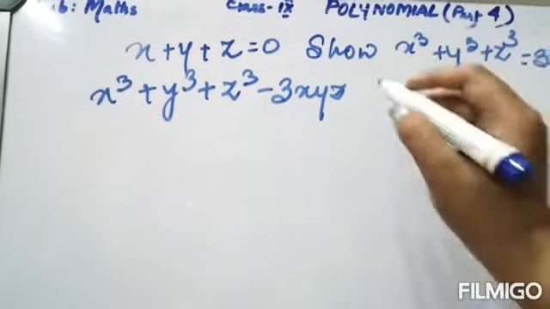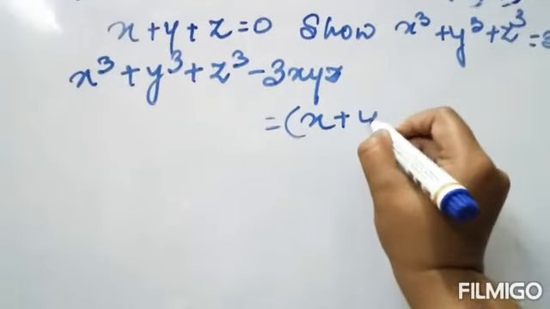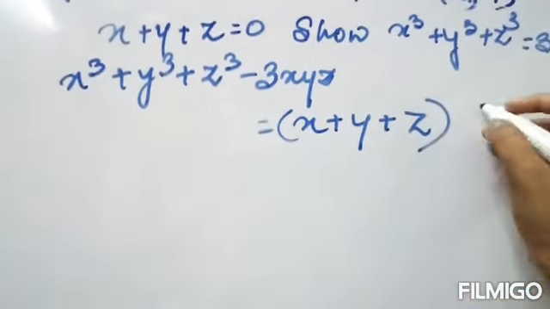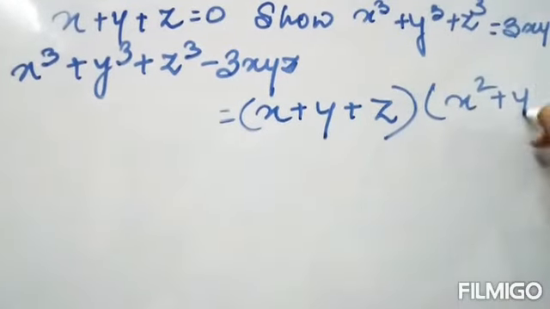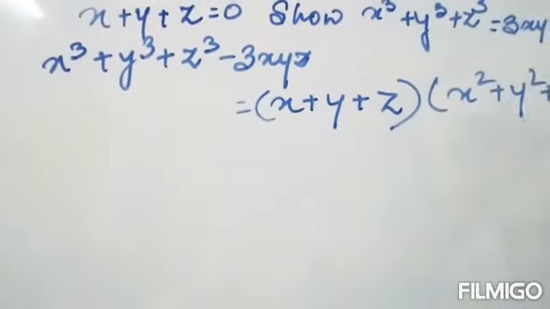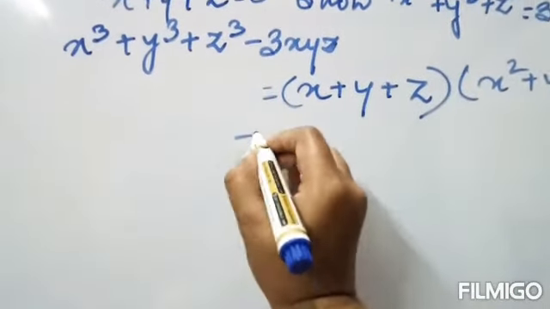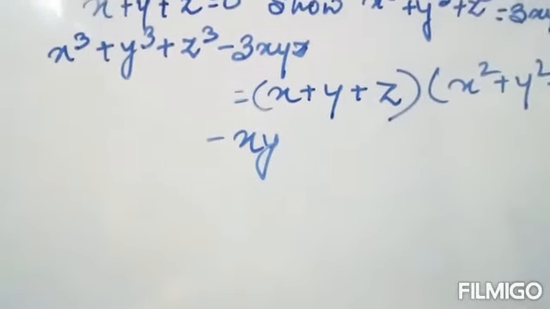is equal to (x plus y plus z) into (x square plus y square plus z square minus xy minus yz minus zx). As this is negative, I told you that some one of them has to be negative.